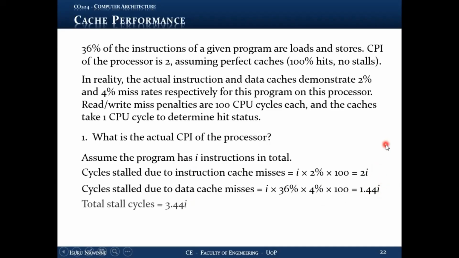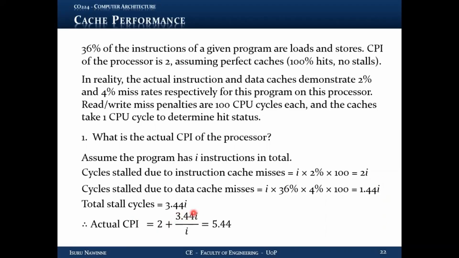So the total number of stall cycles is 3.44 I, where I is the total number of instructions. Then the actual CPI, you can calculate as the ideal CPI plus, on average, how many cycles the CPU will be stalled due to cache misses.